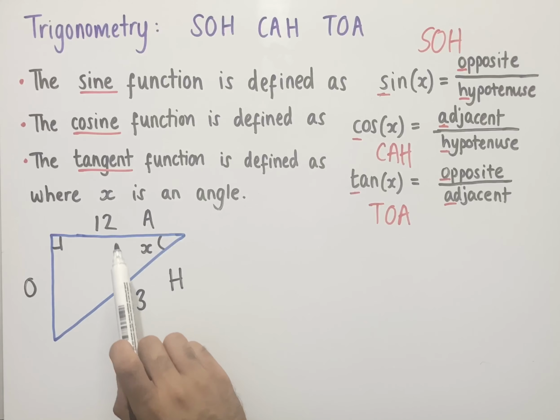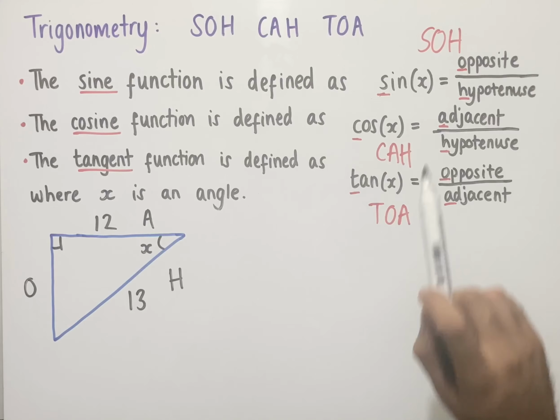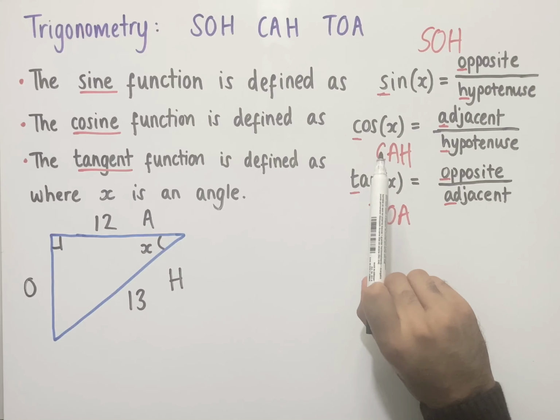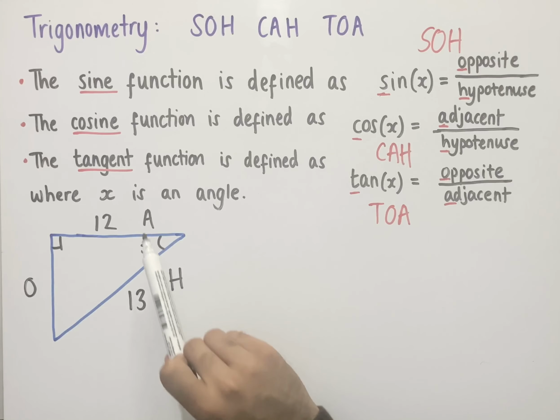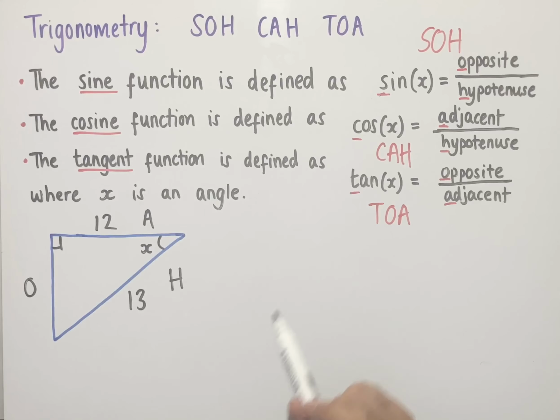We see that we've got the adjacent side and the hypotenuse, and so looking at our acronyms, we find that CAH is the acronym that has A and H in it, and so we can use this equation to work out the value of x.